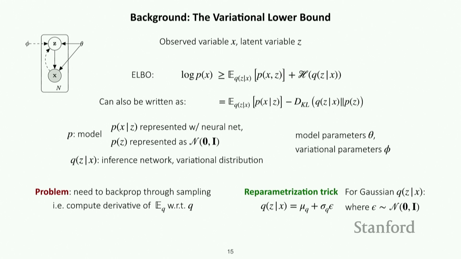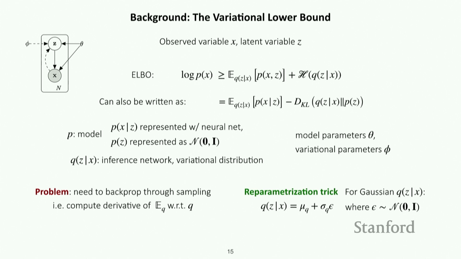We can differentiate with respect to the mean and the variance parameters, into the parameters of Q, into the parameters of that neural network. OK, so this is something special that you can do for Gaussians. I believe there's also some work that has looked at non-Gaussian distributions, although in practice, I think the easiest thing to do is to do it with Gaussians. And if your inference network is expressive enough, it should be able to transform your data distribution into this Gaussian distribution over latent variables.